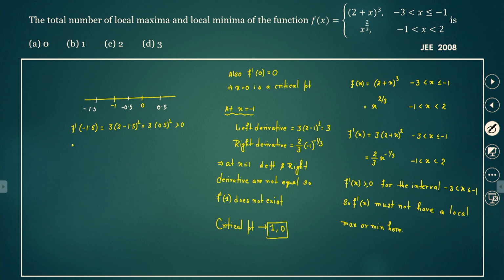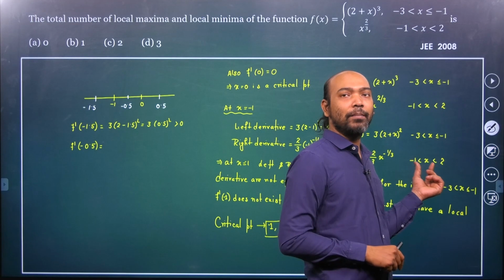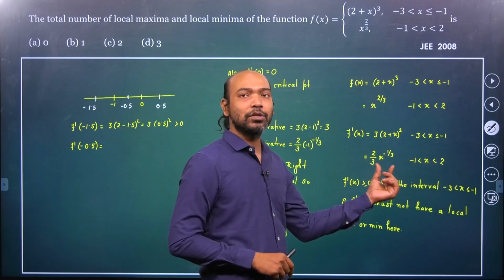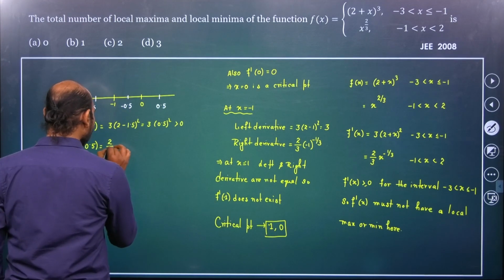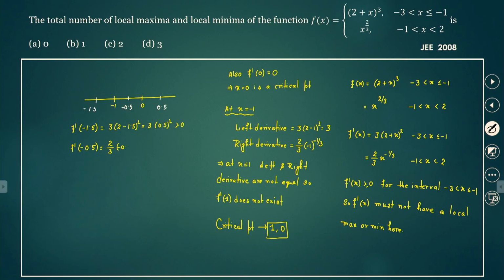If I try to calculate f dash of minus 0.5, in that particular case minus 0.5 lies in that interval minus 1 to 0. That's why you substitute x equal to minus 0.5 here. So therefore it gives me 2 by 3 into minus 0.5 whole to the power minus 1 by 3, that's less than 0.